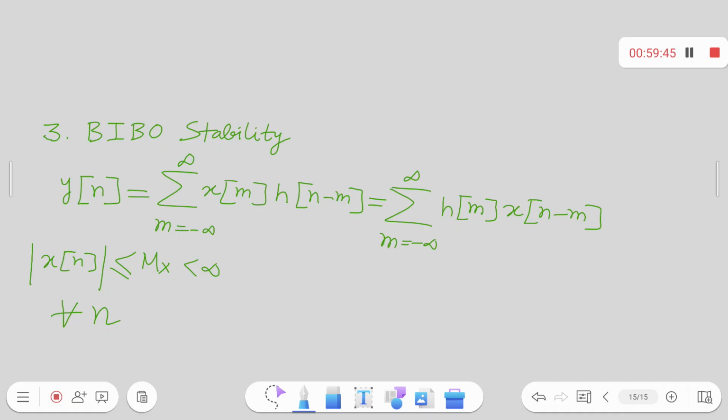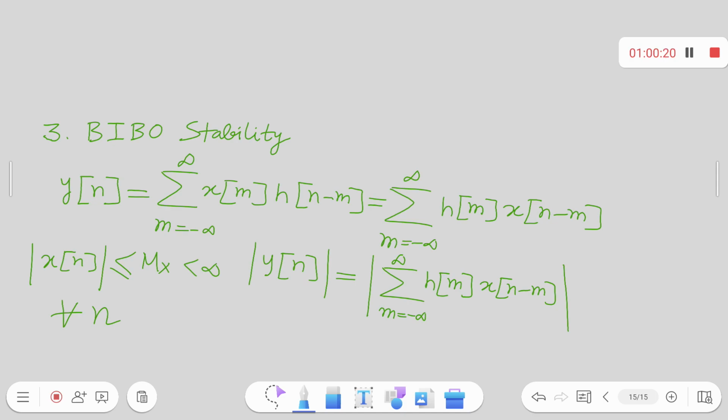Okay. So I have to check whether the output is also bounded or not. Right? So what about mod of y of n? As far as the formula is concerned, let's take the second summation, m from minus to plus infinity, h of m x of n minus m.